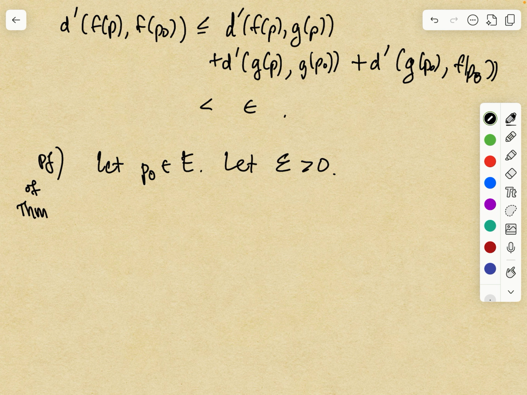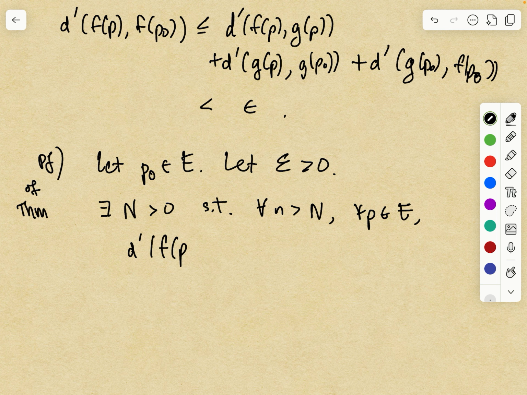Since the convergence is uniform, there exists some positive integer capital N such that for all little n greater than capital N, and for all p in E, the distance between f of p and f sub n of p is less than epsilon.